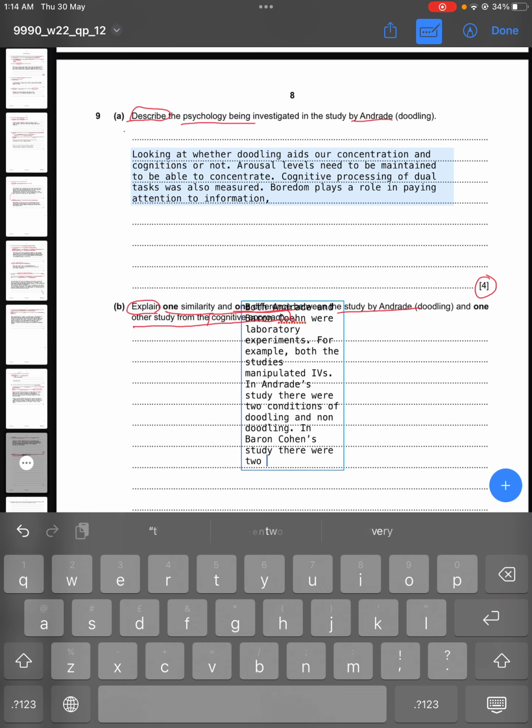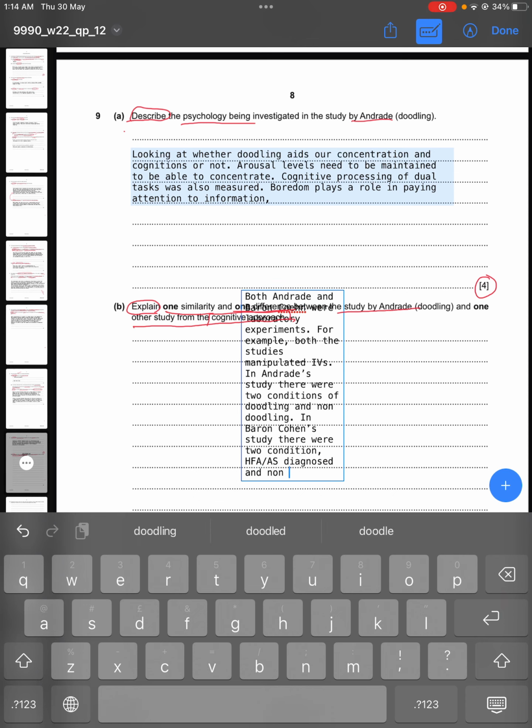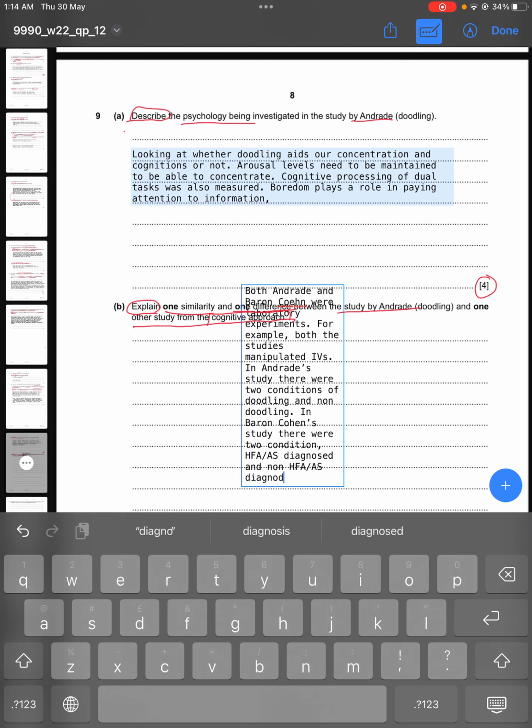There were again 2 conditions: HFA as diagnosed and non-HFA as diagnosed.